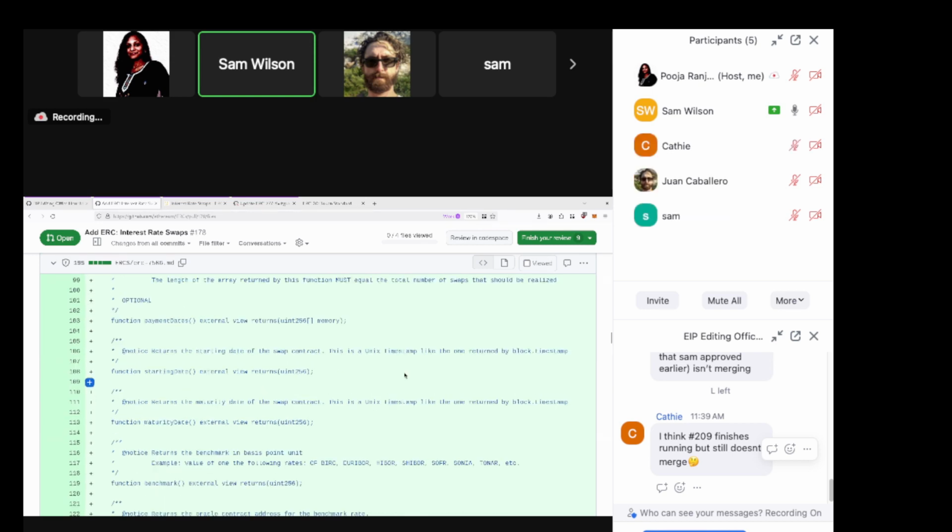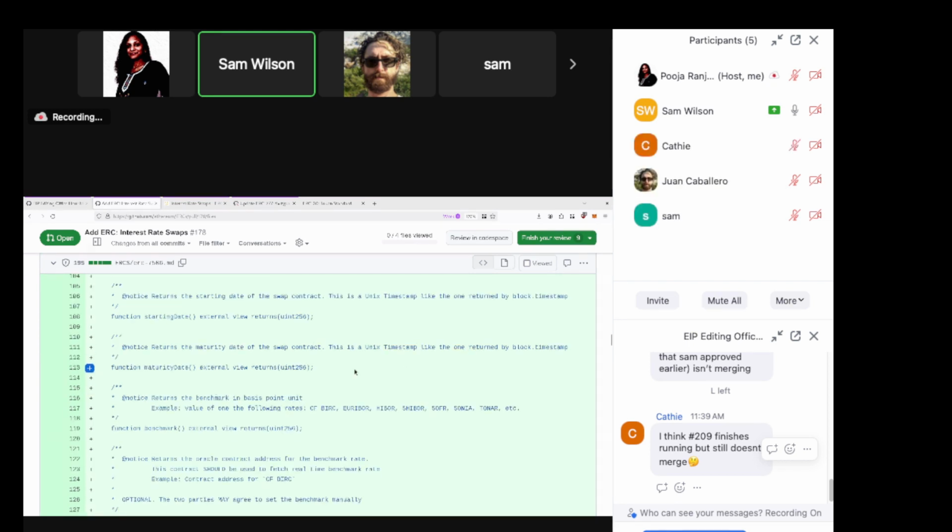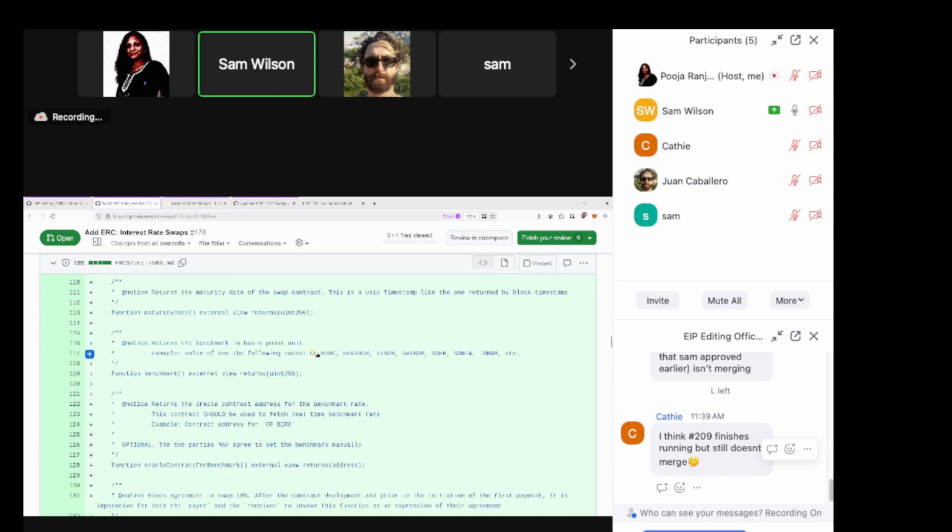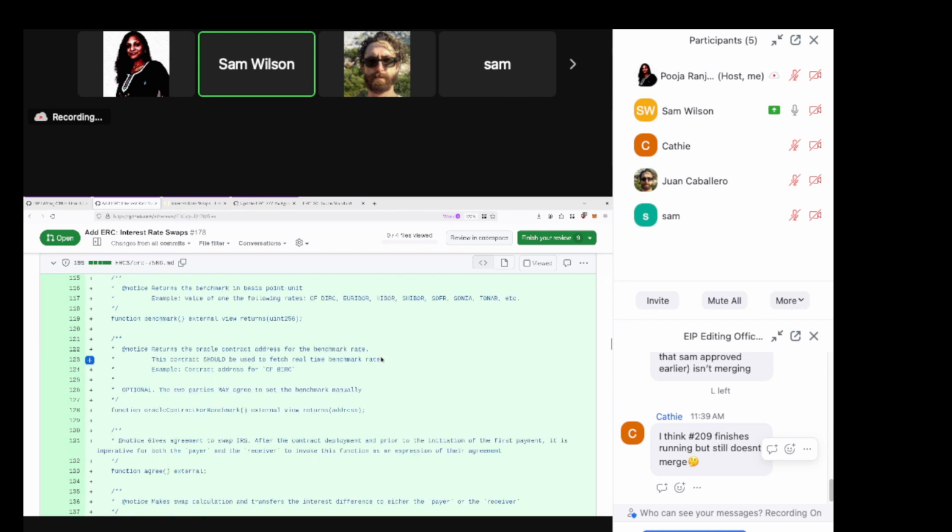That makes sense. Well, I mean, it makes sense as far as I understand anything financial. So, maturity date, okay. Terms, basis point unit, okay.